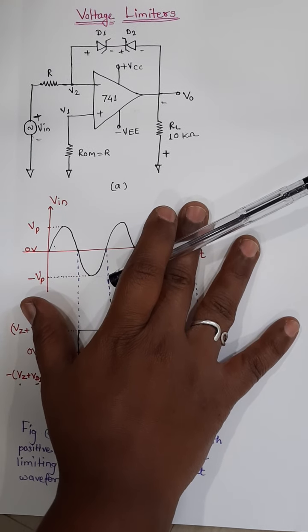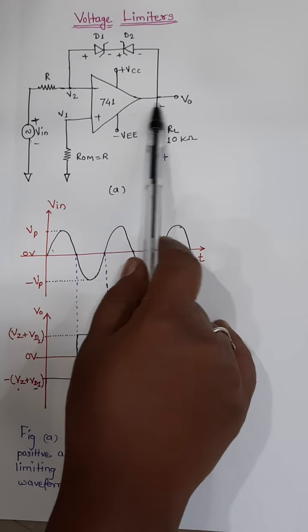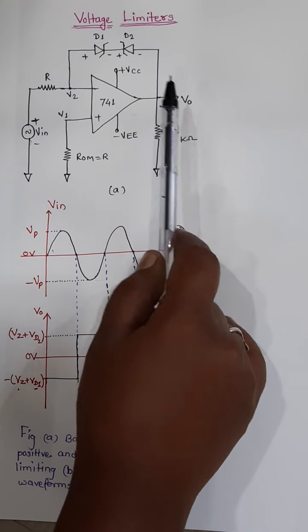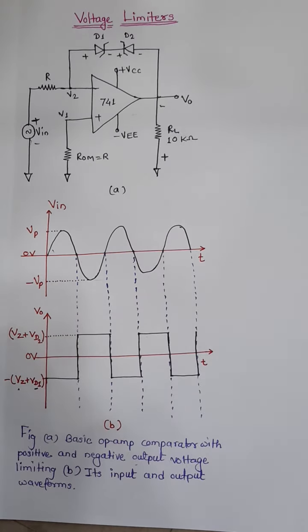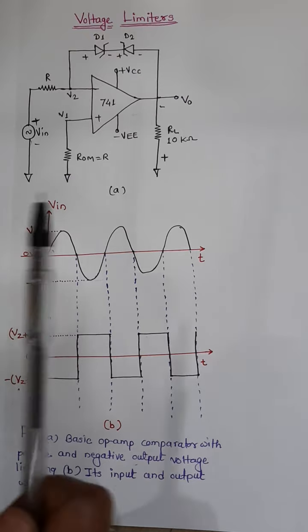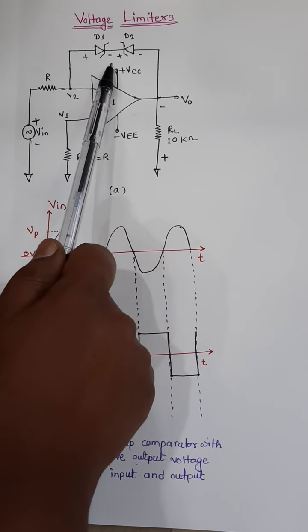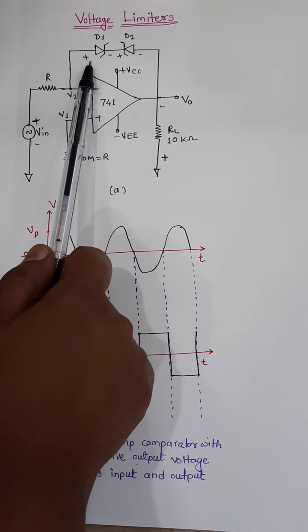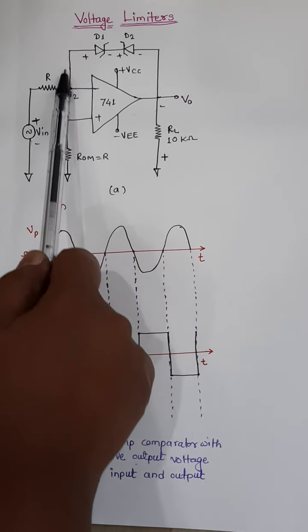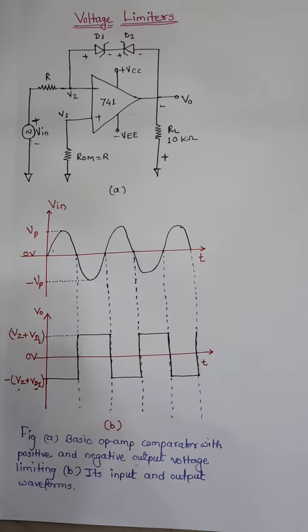So as the output increases in the positive direction, it will increase until D2 is in forward bias and D1 achieves its avalanche conduction. During that time period only, the output is in the positive direction.